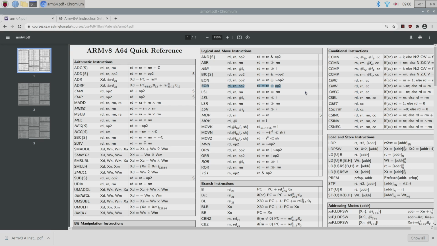And if it's a 1, it indicates negative. So the arithmetic shift inserts zeros, except in that far left position, where it will insert either a 0 or a 1 so that the sign of the result is the same.